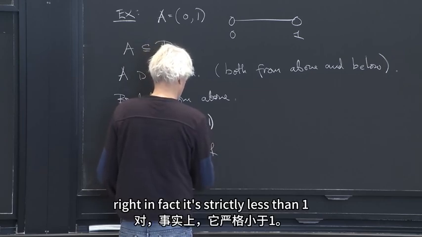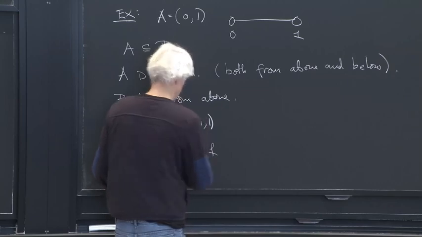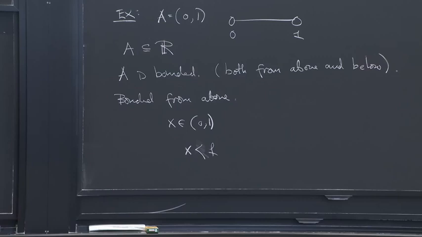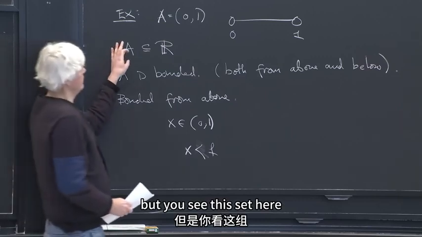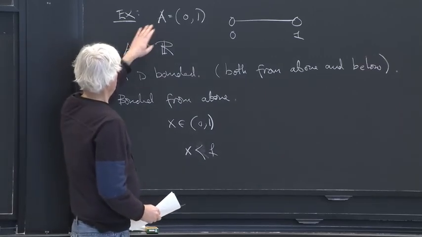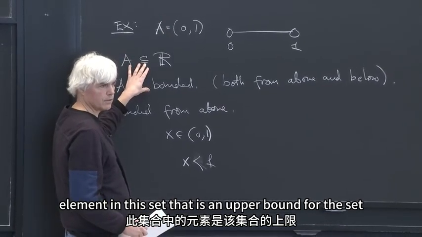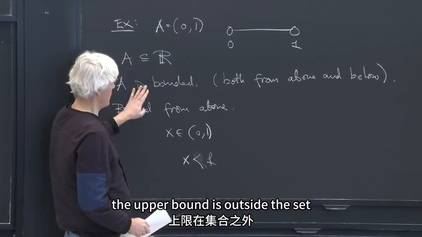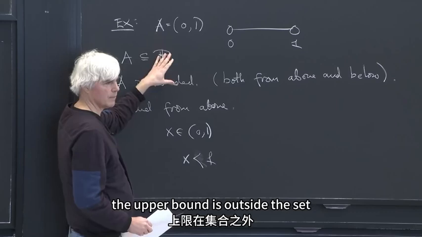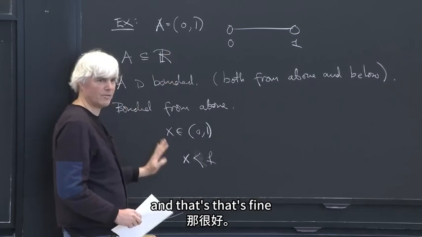In fact, it's strictly less than 1. But you see, there is no element in this set that is an upper bound for this set. The upper bound is outside the set, but it is in all of R, and that's fine.